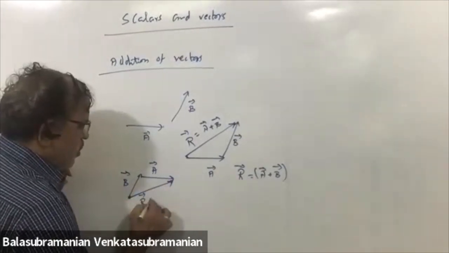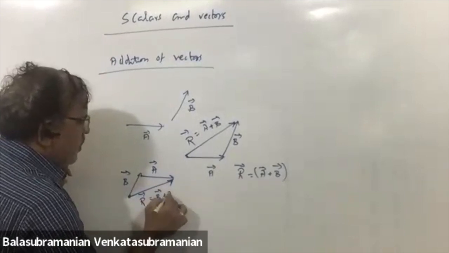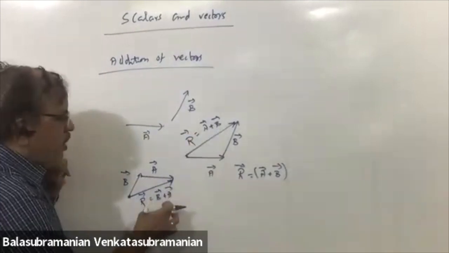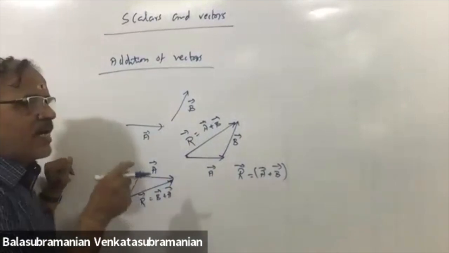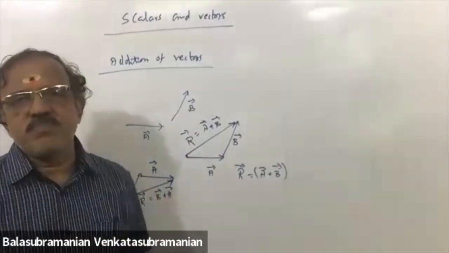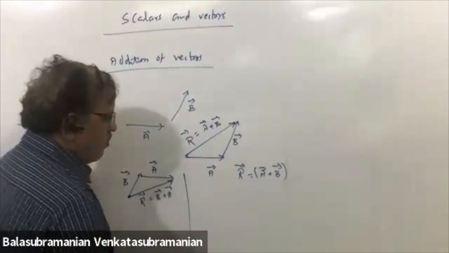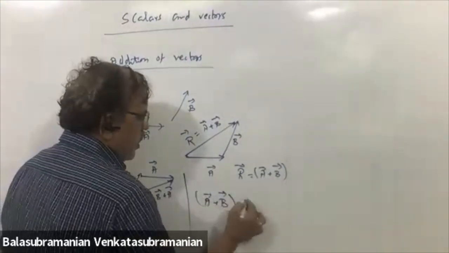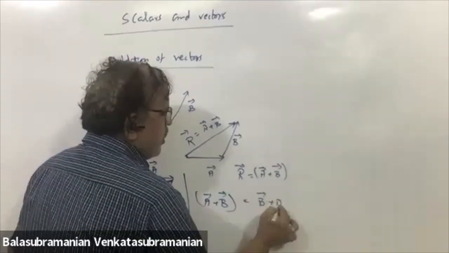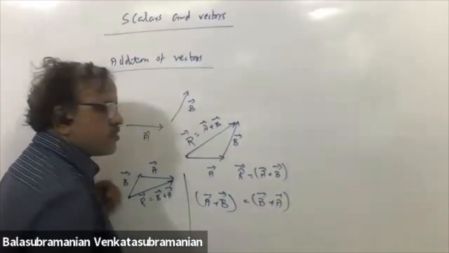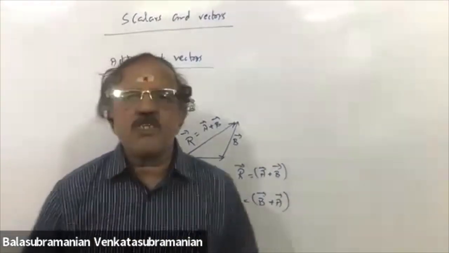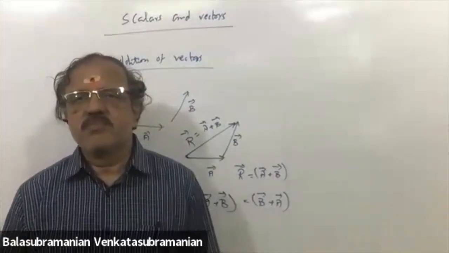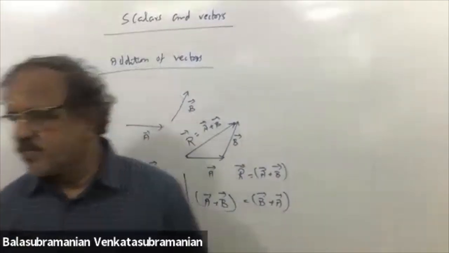See, B plus A. Whether it is A plus B or B plus A, direction and magnitude are the same. That means vector addition is commutative. A plus B is equal to B plus A. Vector addition is commutative. Fine.